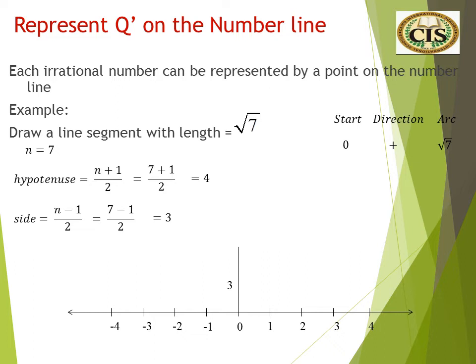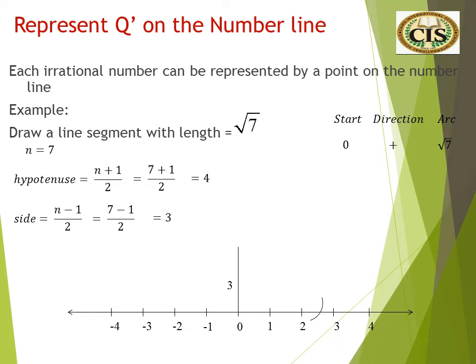Using the compass, put the compass on the end of the line segment from 0, 3 centimeters, and draw an arc whose radius is 4 centimeters, the hypotenuse. Put the compass on the perpendicular line, its length equals the hypotenuse, 4 centimeters, and draw the arc.